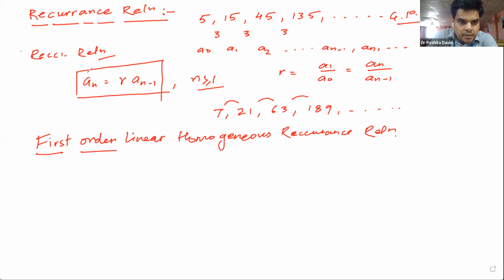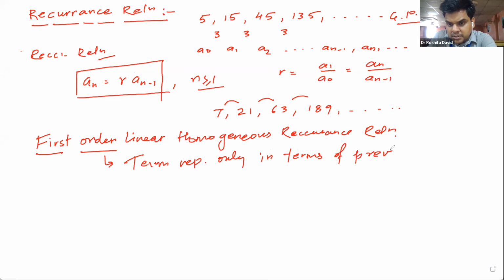Whenever we represent a term in terms of only the previous term, I will say the recurrence relation is of first order. Only in terms of the previous term. No other terms are included. Then I will say it is of first order.